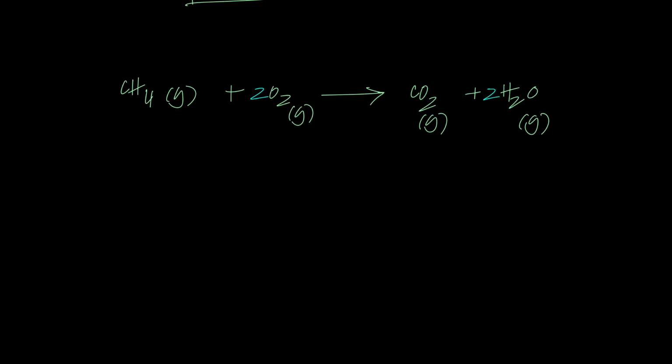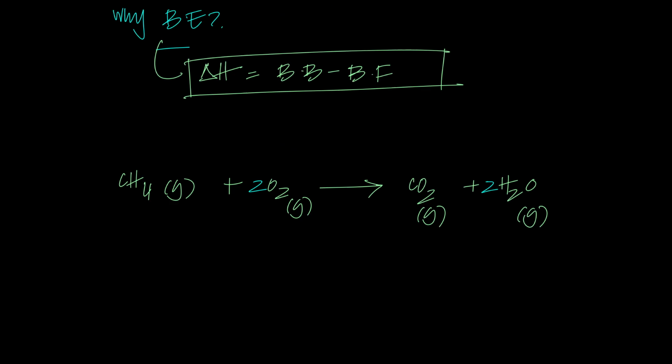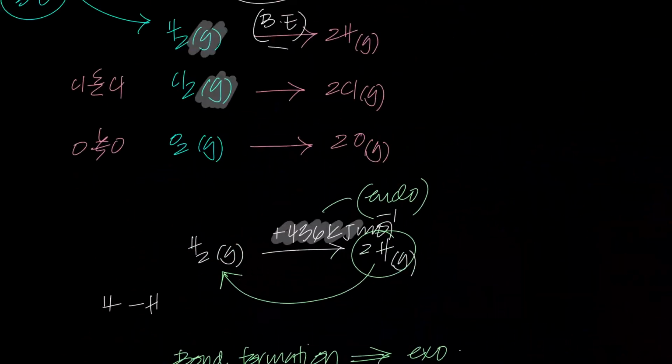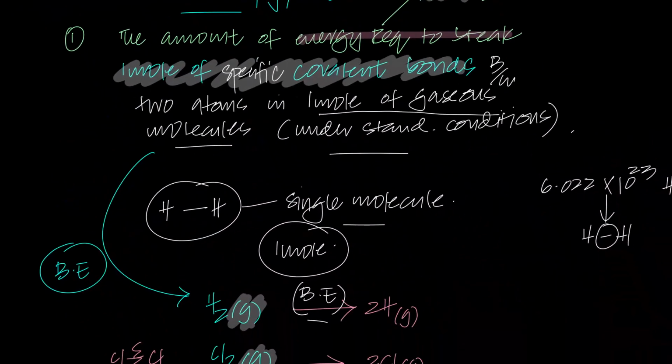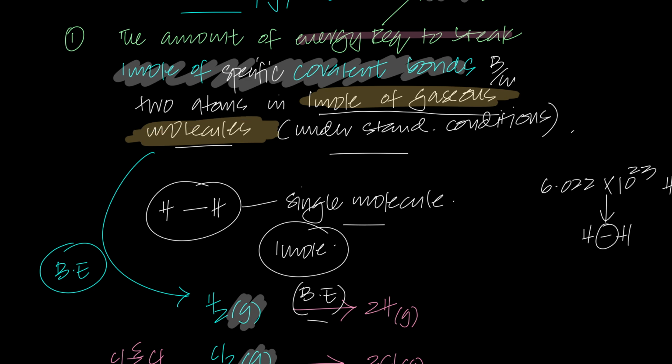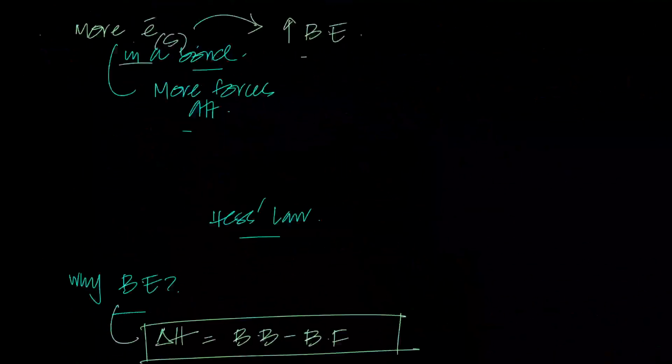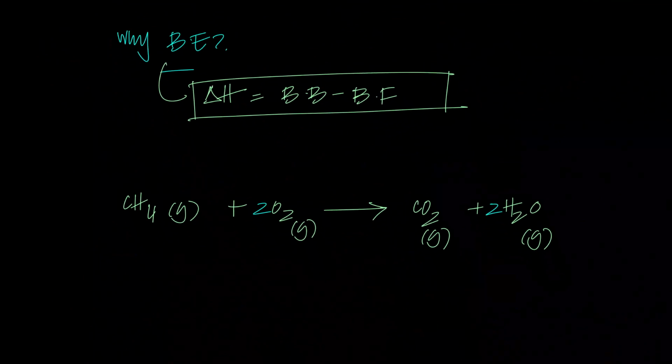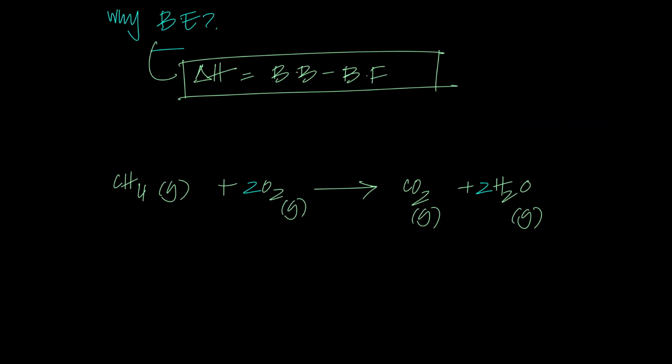Remember, bond enthalpy works if all the molecules are in their gaseous form. Please, this is so important. It's defined as breaking 1 mole of a specific covalent bond in 1 mole of gaseous molecules. I'll tell you why in a moment. So it's always for gaseous molecules. That's why I'm assuming this, and in O-Levels they used to assume this for you.